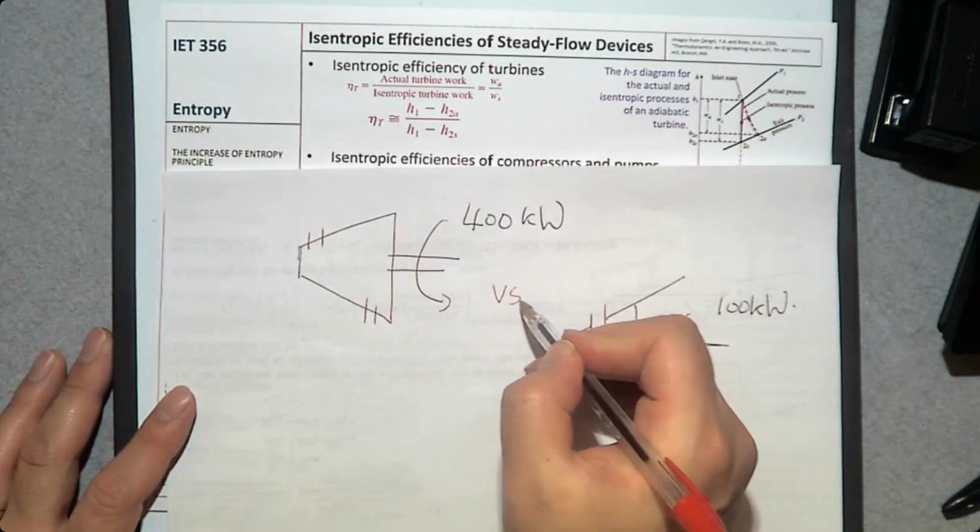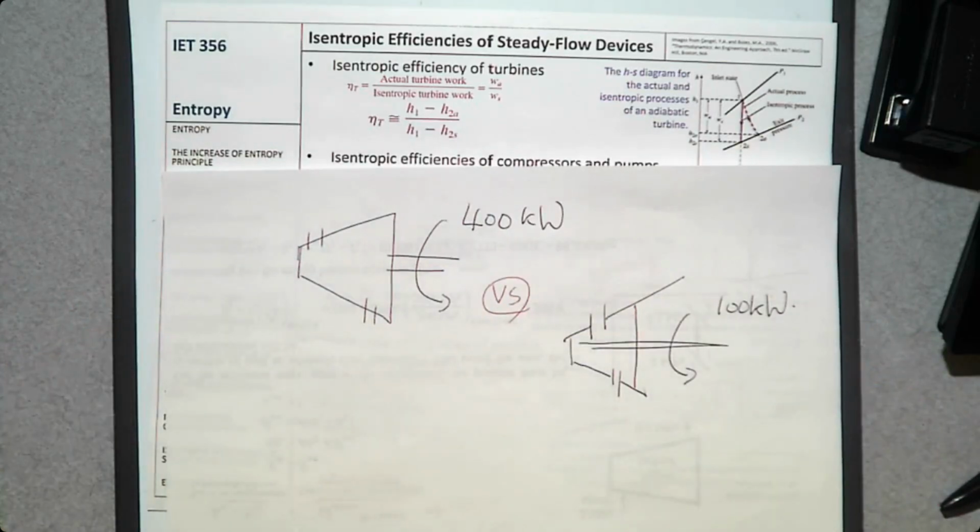Between these two, which one is the better design? We don't know, because one is made big and produces large power, and one is made small and produces low power. By using this information, we cannot say.